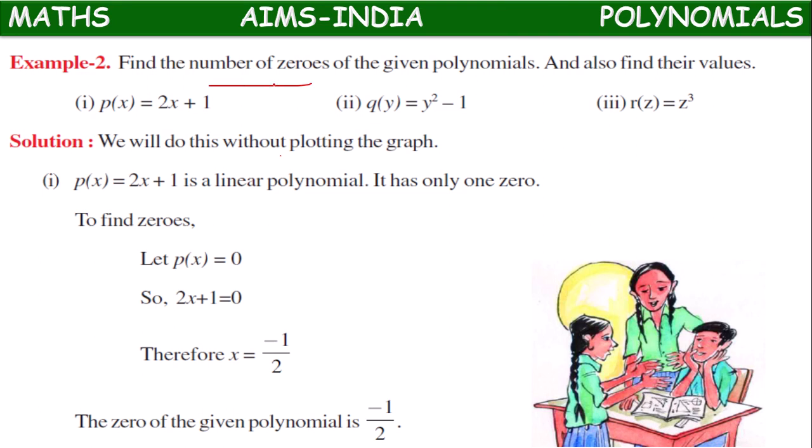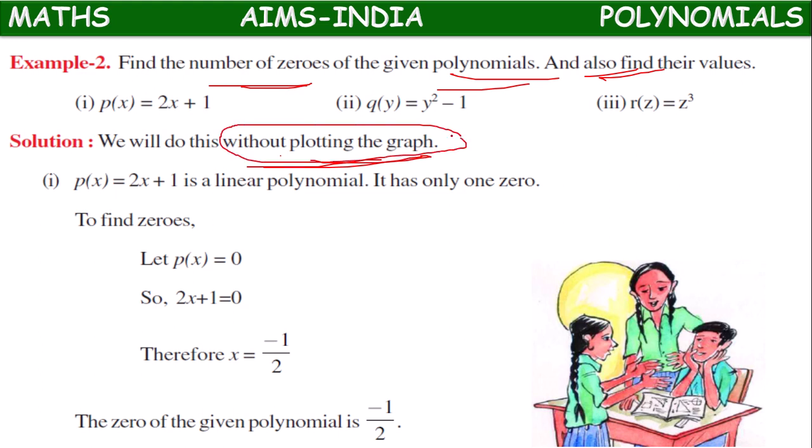Next, find the number of zeros of given polynomials. Also find their values. Without plotting the graph, we can find the number of zeros. Let's see, children. In the questions here, they have given p of x equal to 2x plus 1, highest power 1, a linear polynomial.